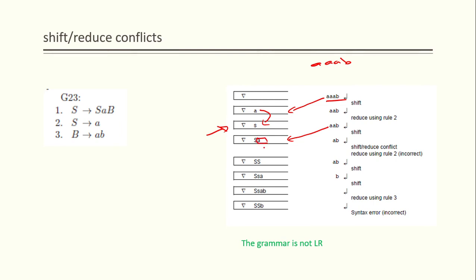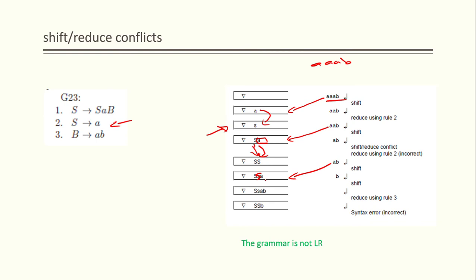A can be reduced using rule number 2, reduced to S. When we reduce it to S, you get this S. So SS, the original S and also the S from reducing A. Now you don't have SS on the right hand side. You need to shift another input here, which is A. So SSA.